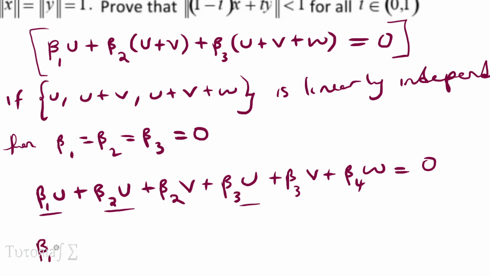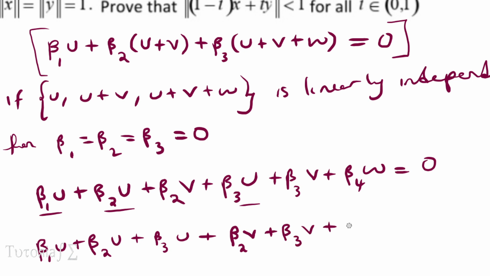So this would be beta 1 u plus beta 2 u plus beta 3 u, plus beta 2 v plus beta 3 v, plus beta 3 w equals 0.